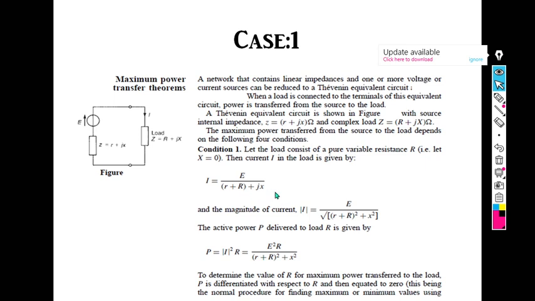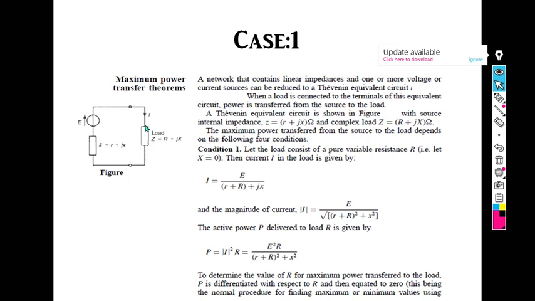Now what is power? Power is I square R. Because this is an AC circuit, the source has not only a magnitude but also an angle, and current also has an angle, but here we are to find out the magnitude of power, so we are taking the magnitude of current. So P is equal to mod I square R, because R is our load.